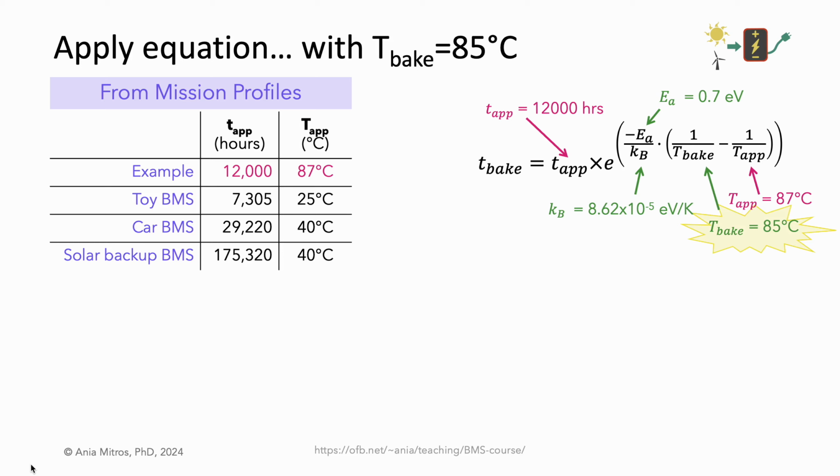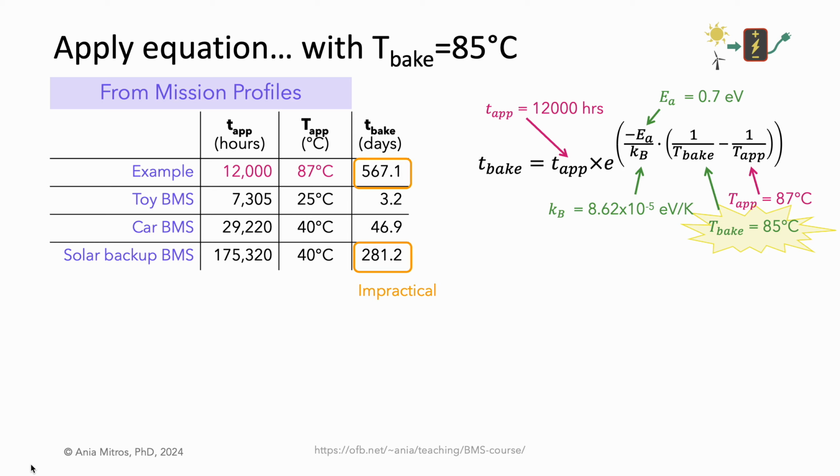The previous calculation assumed a 125 degrees C bake temperature. Not all ASICs are designed to operate at that temperature. Some BMS chips on the market have a max operating temperature of 85 C. If we redo the calculation with an 85 degrees C bake temperature, we find that 2 of these applications require an impractically long bake time for validation.